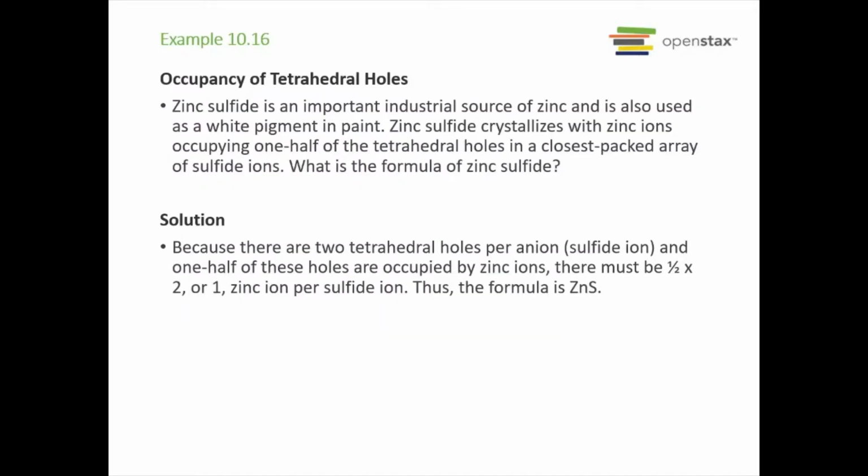So let's look at an example. Zinc sulfide is an important industrial source of zinc and used as a white pigment in paint. It crystallizes with zinc ions occupying 1/2 of the tetrahedral holes. Okay, so let's look at what's important here. In a closest packed array of sulfide ions, what is the formula of zinc sulfide? For tetrahedral holes, we know that there are 2 holes per anion.